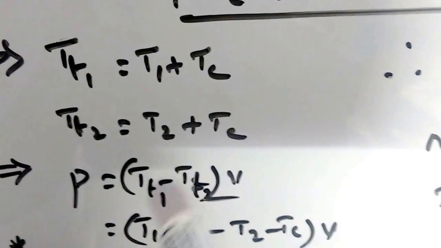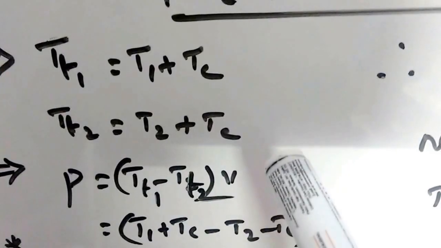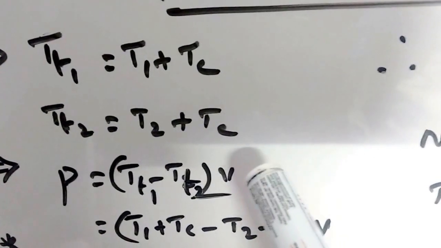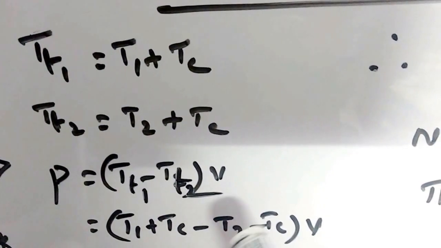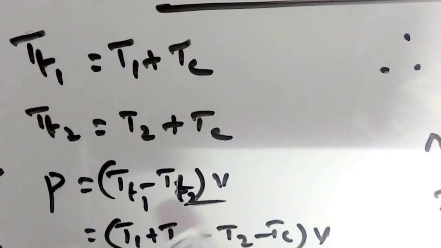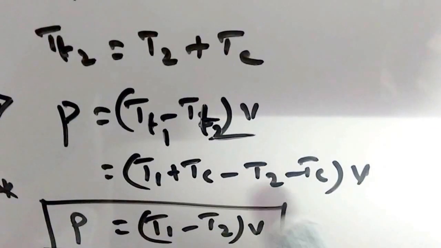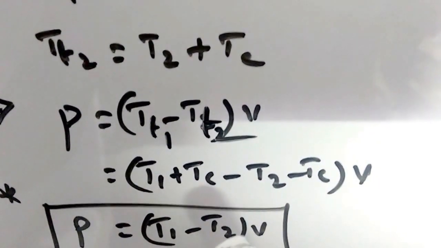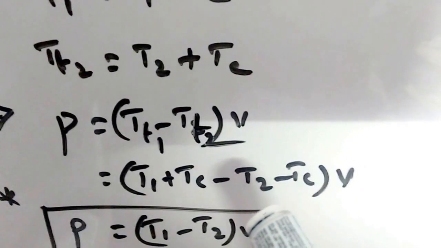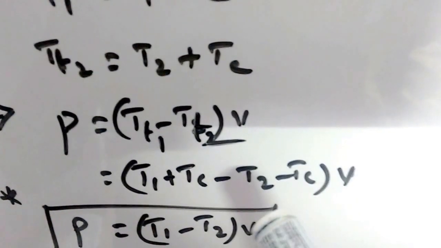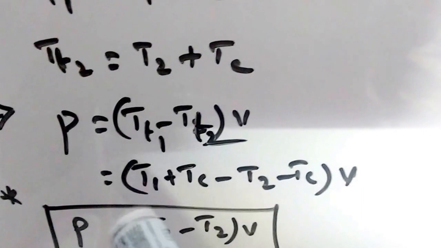If you write the power equation, P is equal to Tt1 minus Tt2 into the velocity of the belt, that is, T1 plus Tc minus T2 minus Tc into V. Tc cancels, and the final equation is T1 minus T2 into V. From this power equation, we can conclude that centrifugal tension has no effect on the power transmitted.